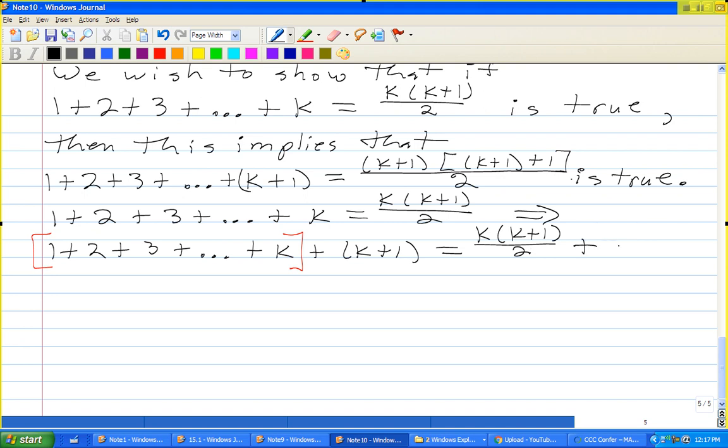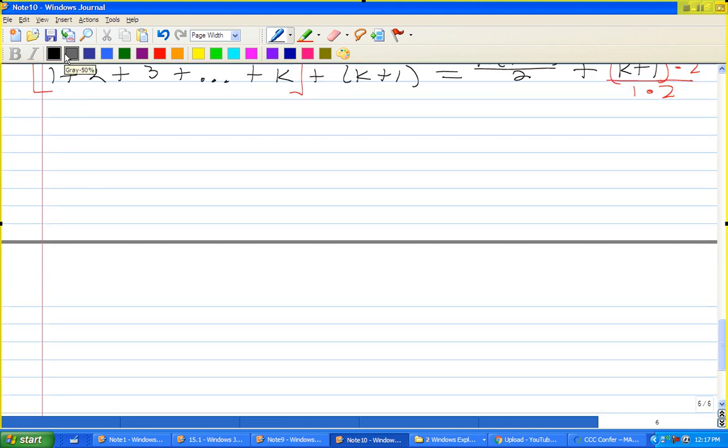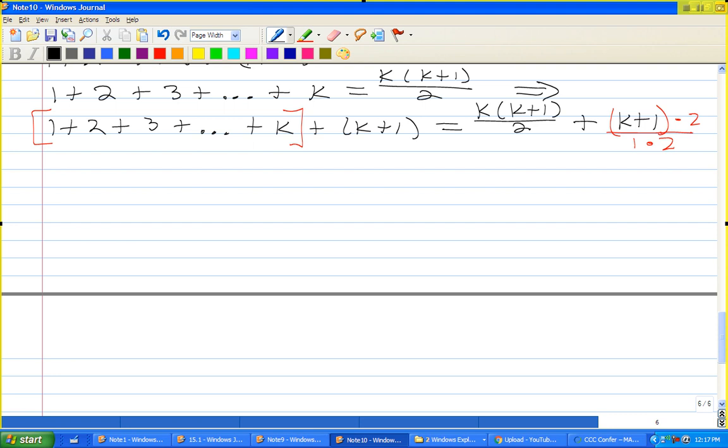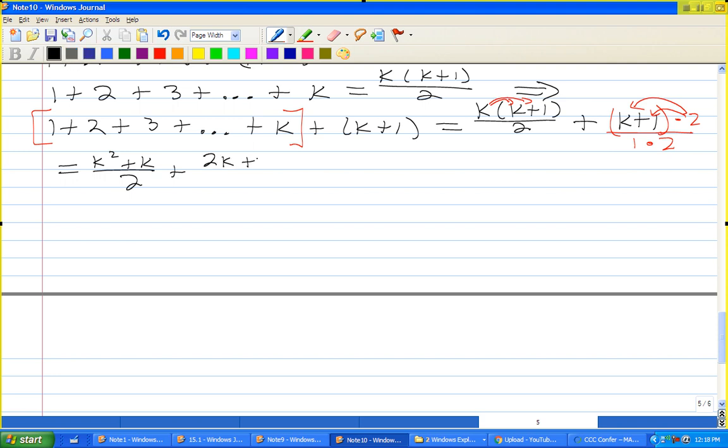The next term is just k plus 1. Let me add these by finding a common denominator, 2. And so I get, this is equal to, let me multiply the k inside the parentheses, k squared plus k. Let me multiply the 2 inside the parentheses, 2k plus 2.